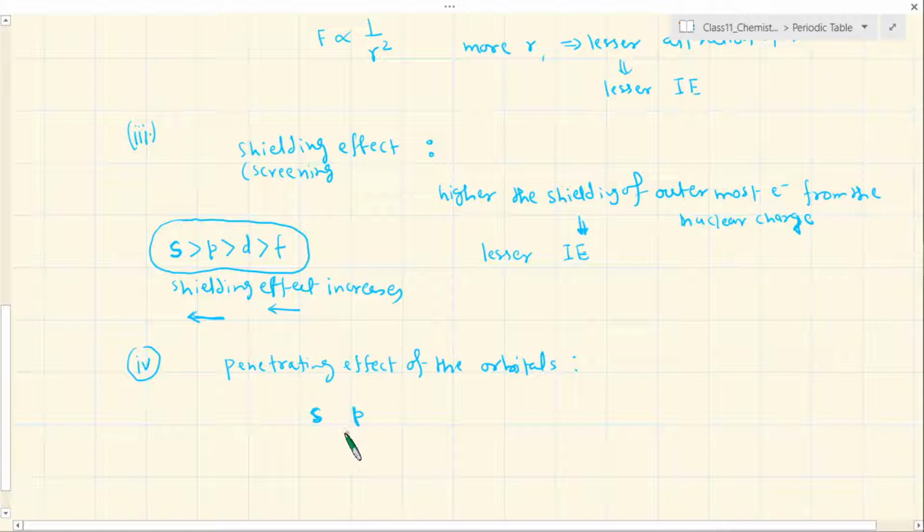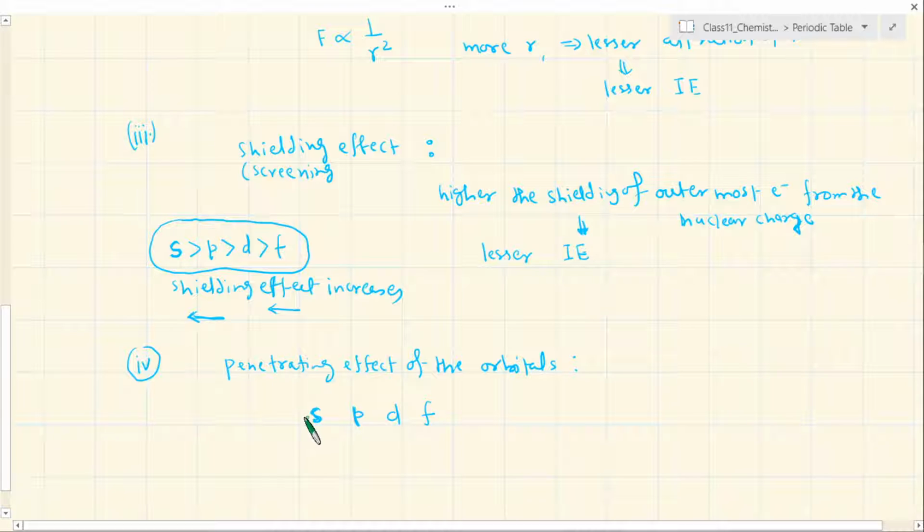Which orbital do you think is more deeply penetrated to the nucleus if you consider the same principal quantum number? You know that s orbital is most symmetric and spherical and closer to the nucleus versus the p orbital, which is distributed across the nucleus in two different zones, and then it is not everywhere equally around the nucleus, right?